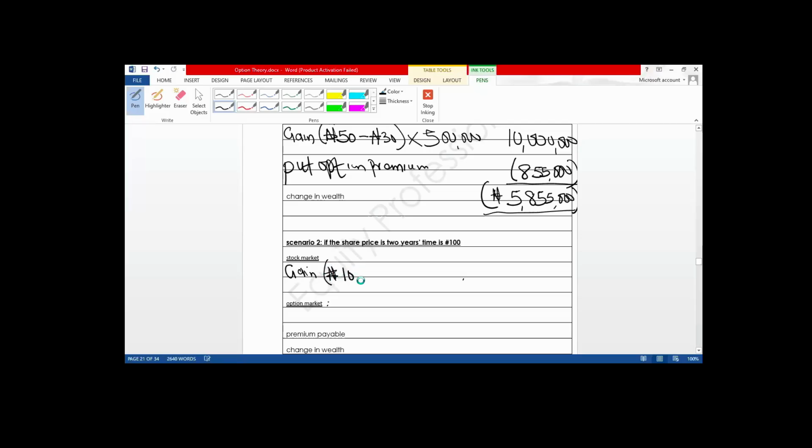The share price is now 100 naira, what used to be 60 naira. You are going to gain 40 naira per share, multiplied by the number of shares. The investor will get an additional 20 million. The value of investment will increase by 20 million. That will happen at the stock market.